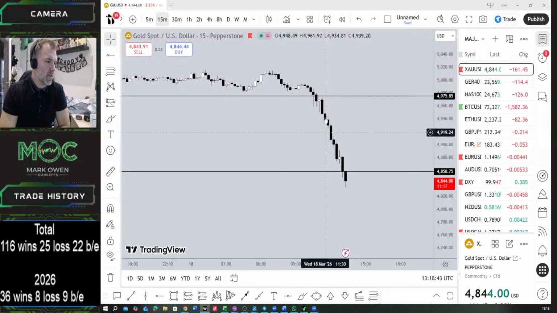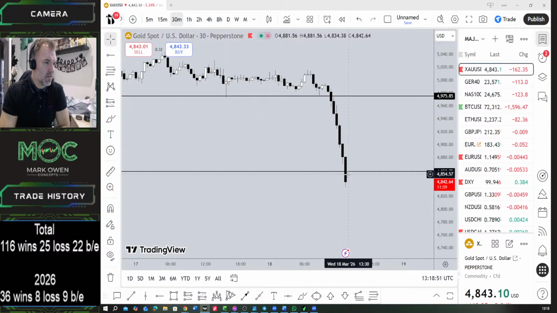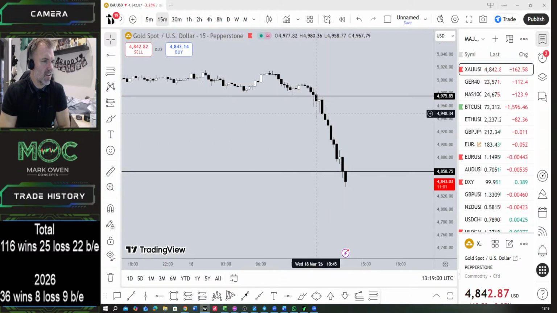So no matter however you manage the trade, if you were managing according to the 15-minute, you're still in this trade. If you're managing according to the 30-minute, you're still in the trade because every candle has produced a lower low, lower high. These are the trades that we dream of.